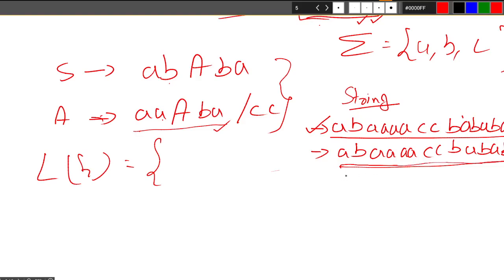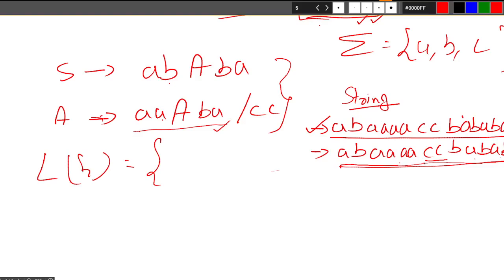Sir, if the number of BAs increases on the right side of CC, it should also increase on the left side. So what do you want to say? They should be equal. There should be AA to the left of CC.